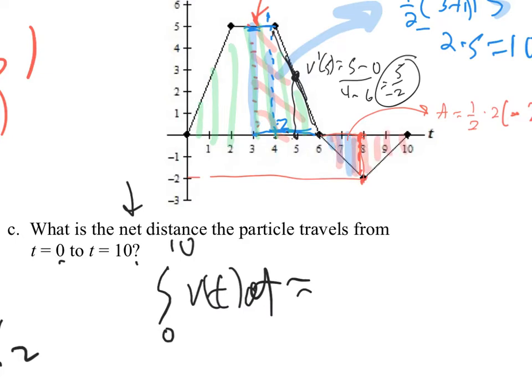So I just got to figure out, let's see, this is a trapezoid from 0 to 6. So I got to separate that. Base 1 is 6. Base 2 is 2. So 6 and a 2. So it's 1/2 times 6 plus 2. The height is 5.